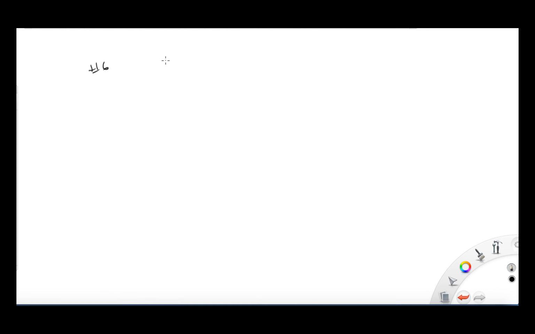Okay, so we have m over p plus 3 over mp all over y to the p. Okay, so we're going to multiply the top by mp here, mp here, p here, and p here.